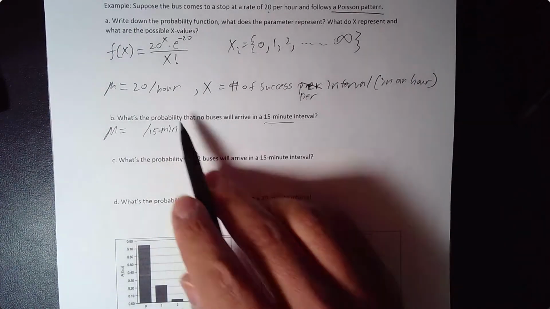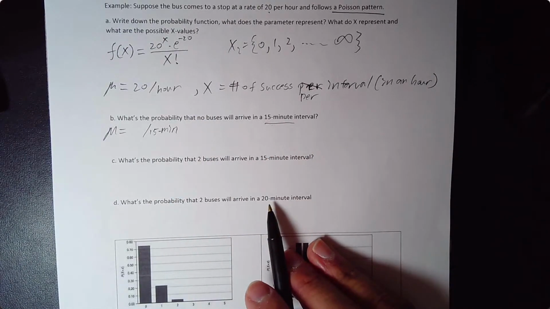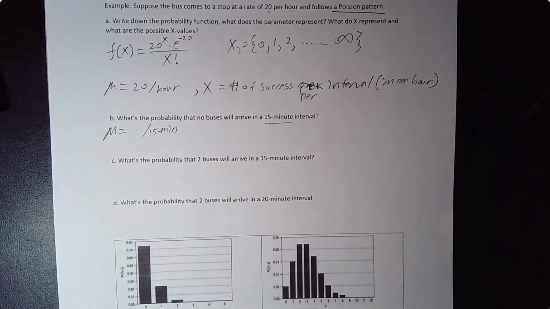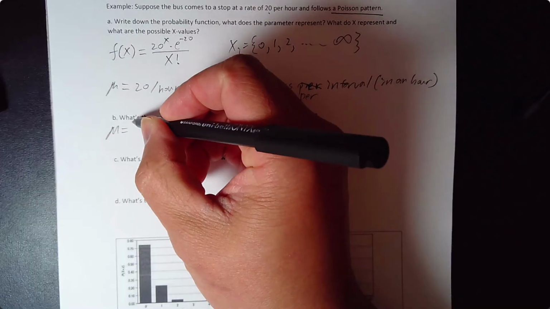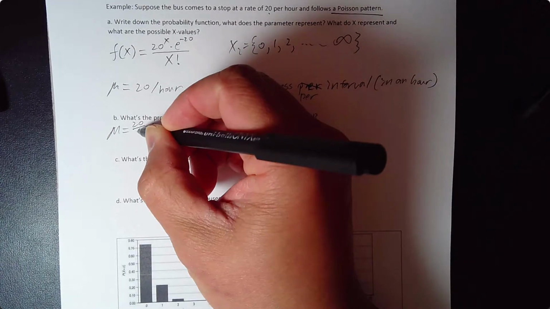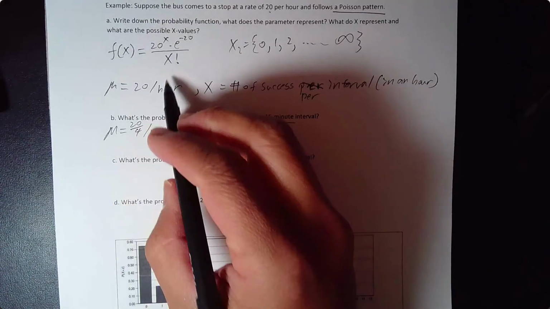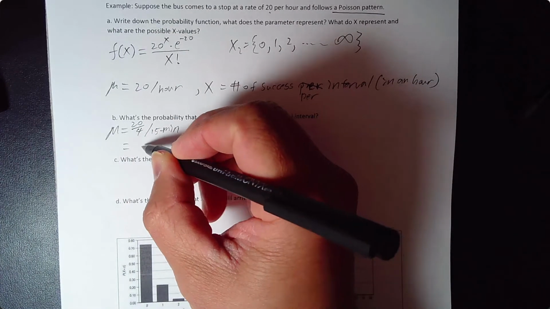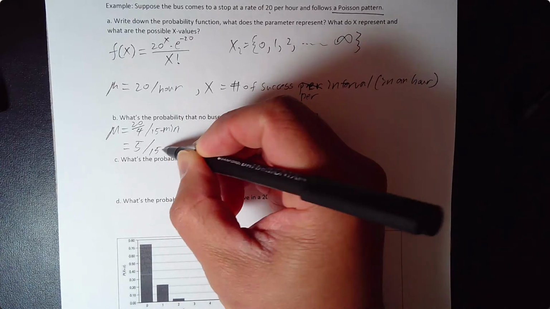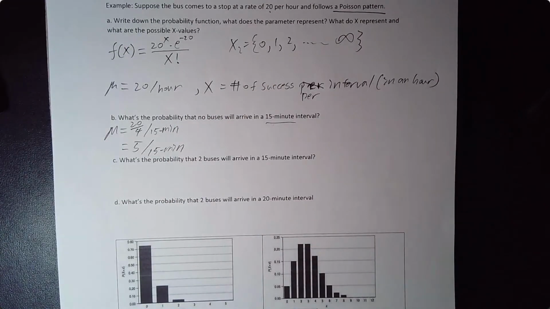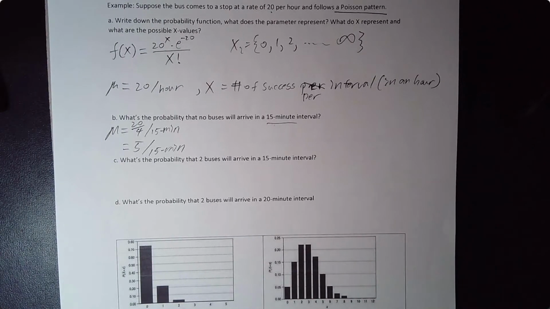An hour has 60 minutes, so there are a total of four 15-minute intervals per hour. So I'm going to take 20 per hour divided by 4, which gives me 5 per 15 minutes. So I'm expecting 5 buses every 15 minutes.